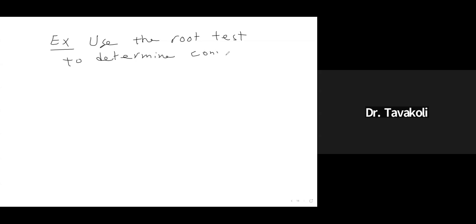Another example. Use the root test to determine convergence or divergence of sigma k to the power of k over 100 to the power of k as k runs from 1 to infinity.